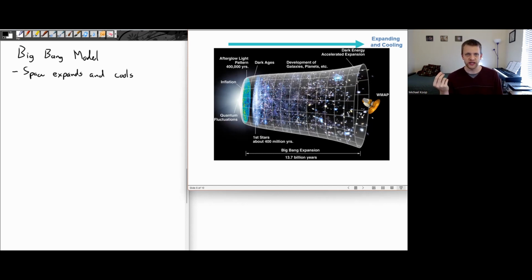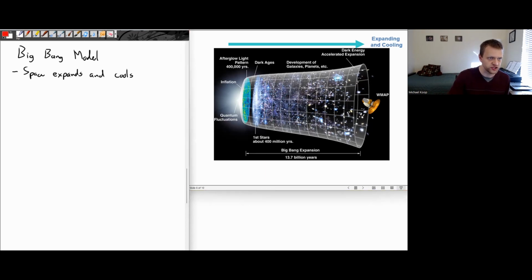The universe is starting in this hot, dense state, and from that state, the universe is going to expand and cool.